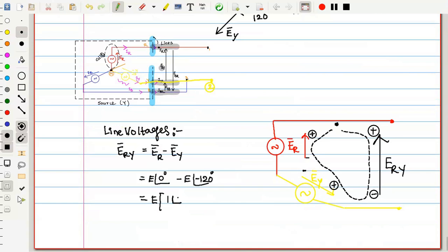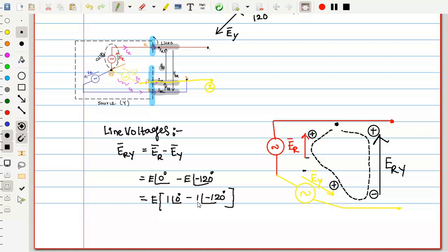What is left is 1 at an angle 0 and 1 at an angle minus 120. Or you can convert this into rectangular form, add real parts and imaginary parts, and convert back into polar form, but that much work is not required. You can type these polar form notations directly in your calculator. 1 at an angle 0 minus 1 at an angle minus 120. Tell me the answer. Root 3 at an angle 30.